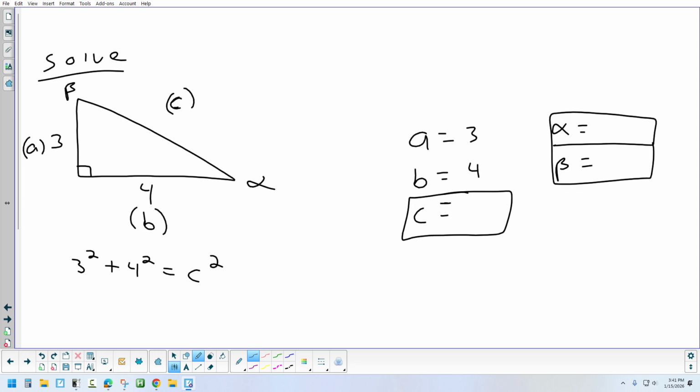And what's the square root of 25? Yeah, 5. So this is a 3, 4, 5 right triangle. Okay. Any question on how we got C? All right. Now we need to find alpha and beta. Which one do we want to do first?